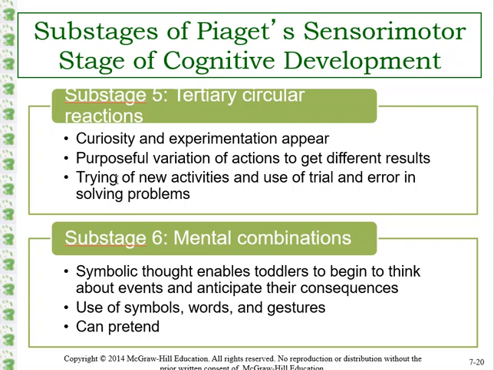circular reactions. Substage 6 is the last stage of the sensorimotor component for Piaget, but it is an important stage because mental representations or mental combinations are being developed. What we've talked about within the previous stages of the sensorimotor stage are the circular reactions.